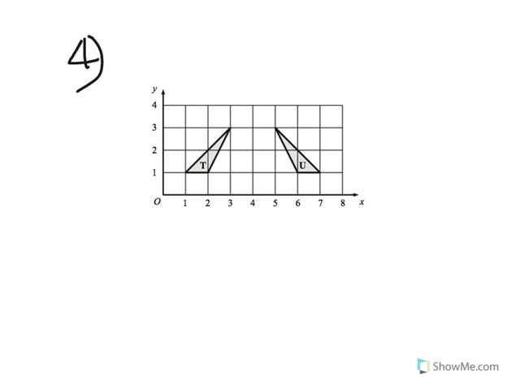Now question 4 gives you a graph with two triangles, T and U, drawn on it, and they're asking you to describe fully the single transformation which maps triangle T onto triangle U. First of all, look at both triangles. Triangle T is exactly the same as triangle U in terms of shape and size, so it can't have been enlarged or anything like that.